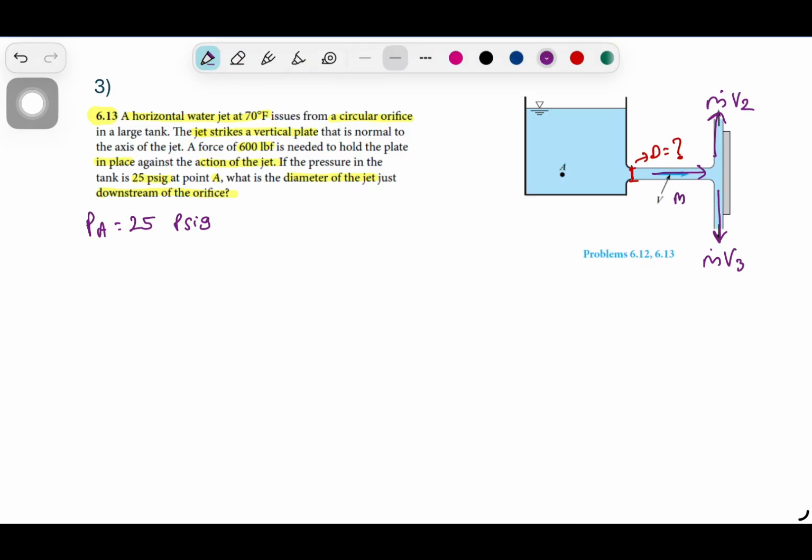So let's say this is m dot v. So again, from your textbook, you can see that you can apply the same equation. It is because the force is equal to rate of change of momentum, and we will have out minus in.